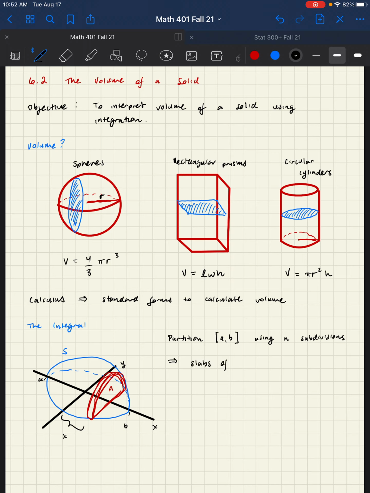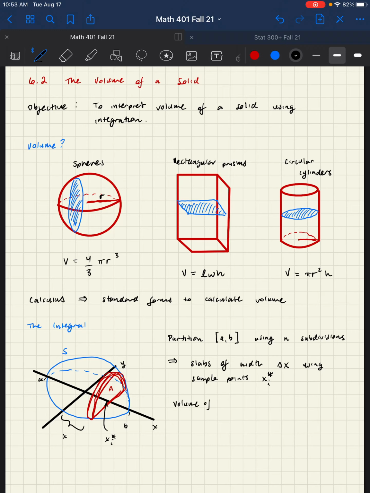That's going to give us these slabs of width delta x, using sample points x sub i star. This should sound familiar, right? Somewhere in that slab we have this x sub i star, for the subinterval specifically that we're talking about, the ith slab.